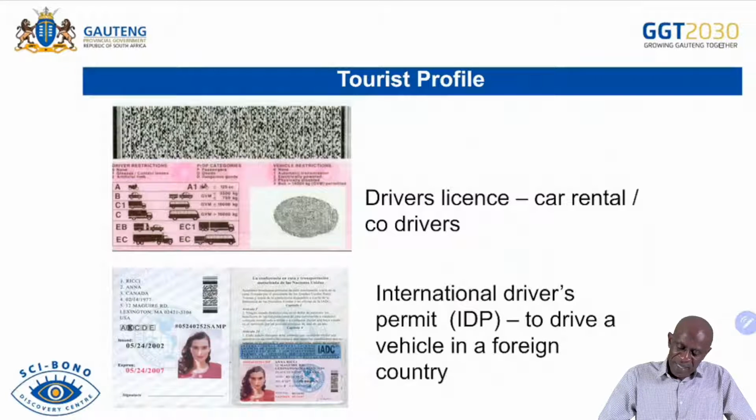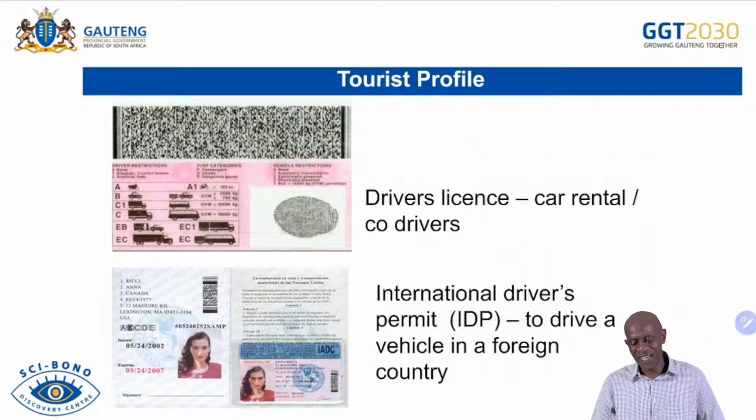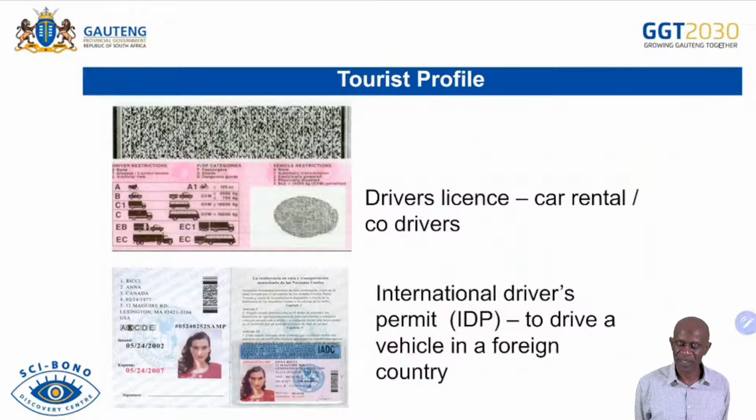So whether a tourist has included this detail in their profile will give you an indication whether you will be a driver or a co-driver, depending on the type of tour that you're planning.